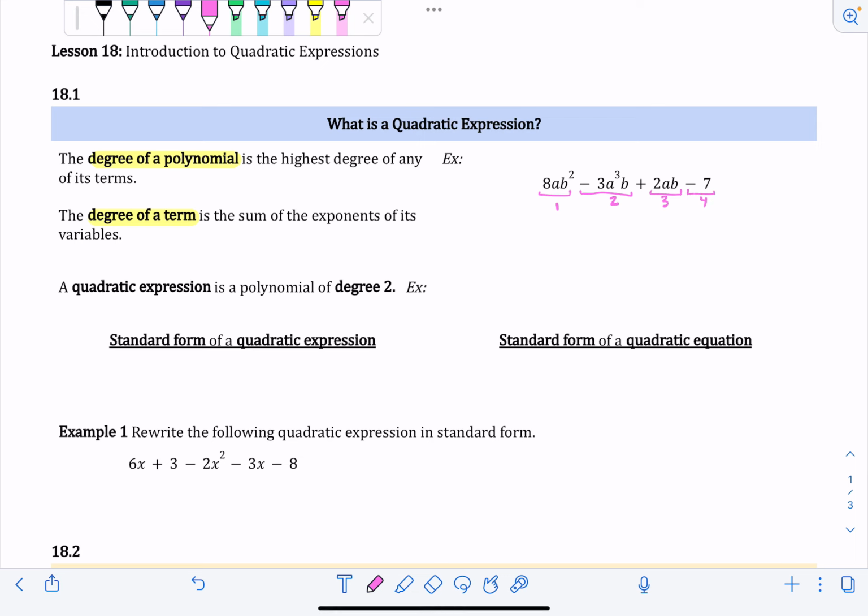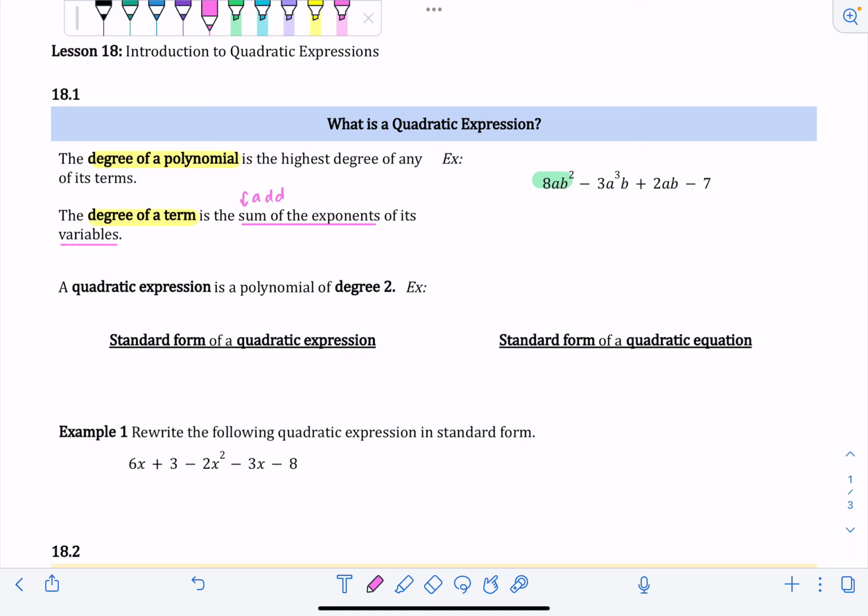Before we can determine the degree of the polynomial, we want to find the degree of each individual term. To do that, we have to count up all the exponents. Where it says sum of the exponents, sum means to add. So we add up all the exponents of the variables.